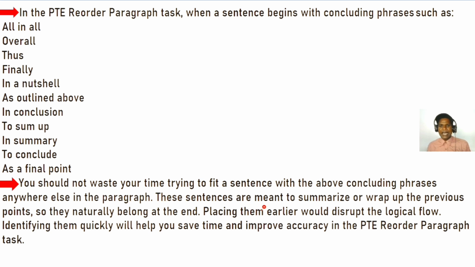These sentences are meant to summarize or wrap up the previous points, so they naturally belong at the end. Placing them earlier would disrupt the logical flow. Identifying them quickly will help you save time and improve accuracy in the PTE Reorder Paragraph task.